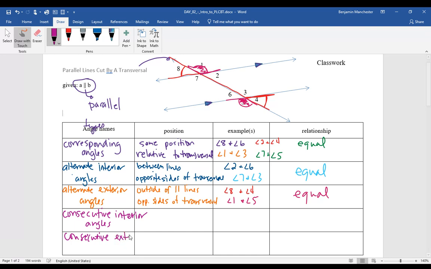So it comes from that idea that these angles are right next to each other. So consecutive interiors are between your parallel lines and on the same side of your transversal. Okay, so these are between the parallel lines, just like the interior angles before, but they're on the same side of your transversal.